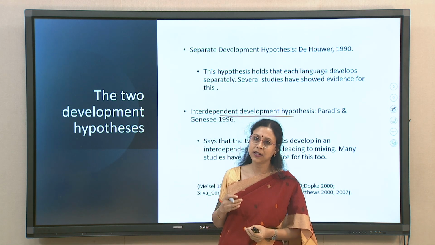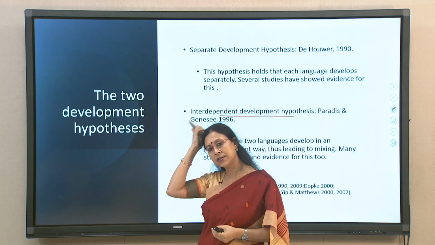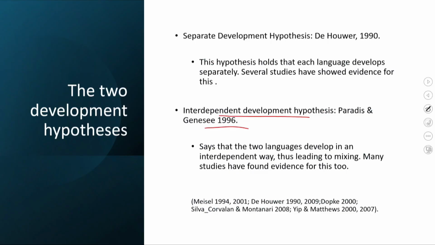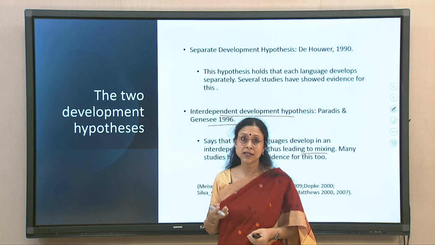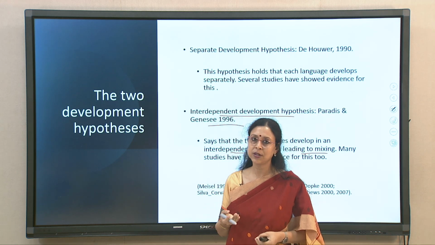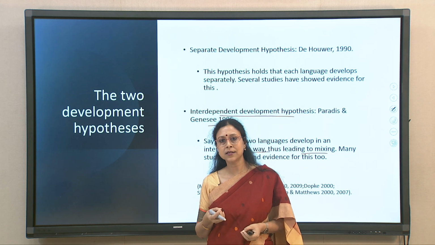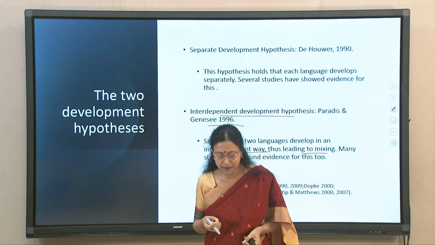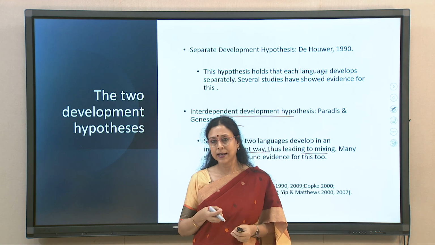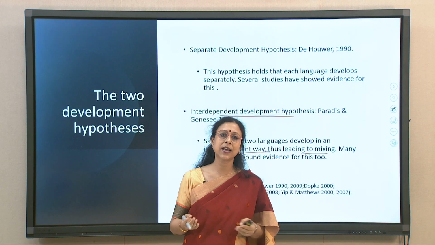On the other hand, the interdependent hypothesis, proposed by Paradis and Genesee, says that two languages develop in an interdependent way, thus leading to mixing. This is the hypothesis that tries to explain the existence of mixing, because mixing is also reported, right. The funny thing about this kind of experimental studies is that you get support for both sides of the argument.